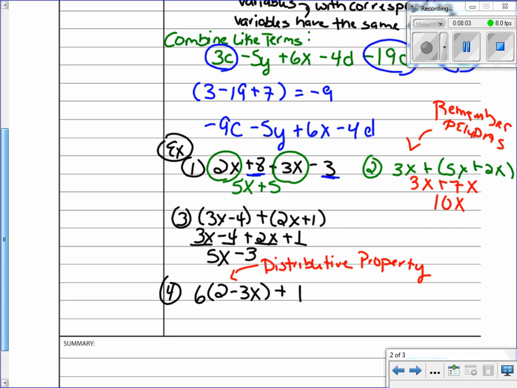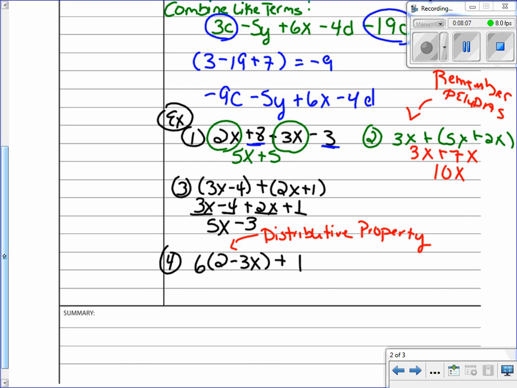Everything that you learn comes back around. So it's really important that we master each topic before we move on to the next. 6 times 2 gives us 12. 6 times negative 3x gives us negative 18x. And then the plus 1 just comes down. I notice that I can combine 12 and 1. So that gives me 13 minus 18x.